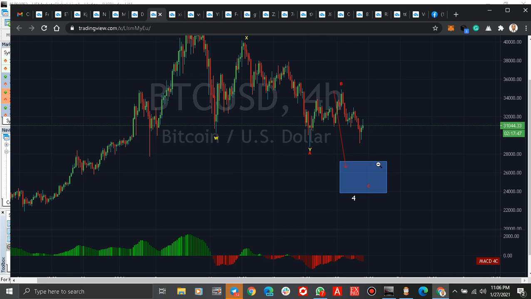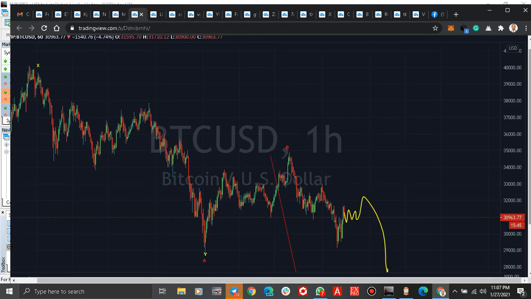So here is my main forecast for Bitcoin. That is 28, 27, 25, 24. So Bitcoin can come down to 24, 26, and so on before I'll talk about buying. So for now, I'm not talking about buying as long as Bitcoin is concerned.